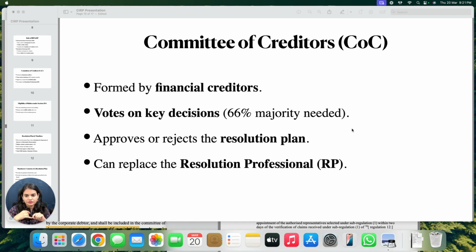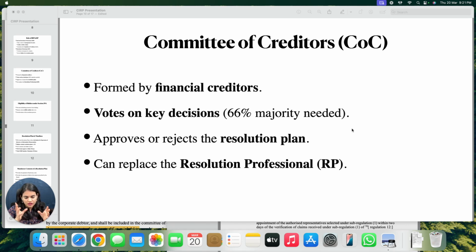These decisions may include raising of interim finance, replacement of the RP, appointment of internal and external auditors, sale of assets, and approval or rejection of the resolution plan. Such other decisions of the COC need at least 66% of the voting majority.